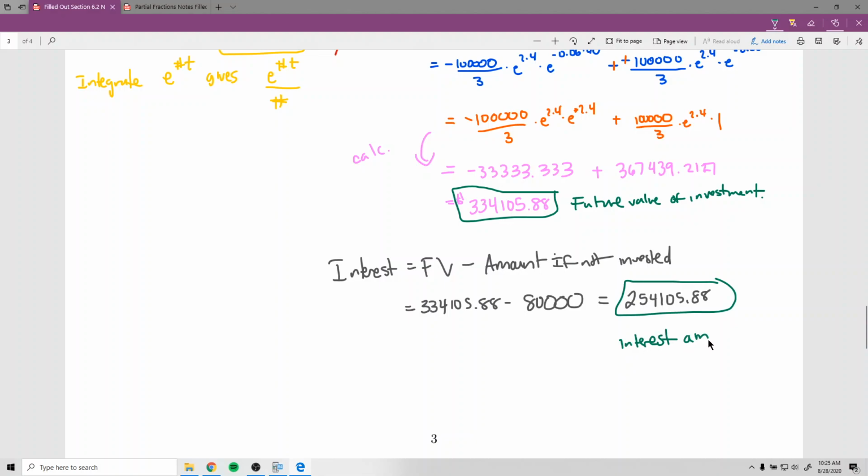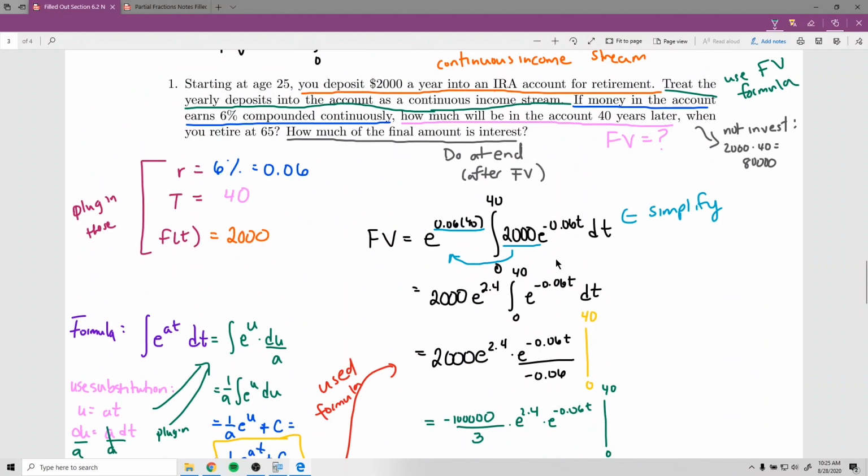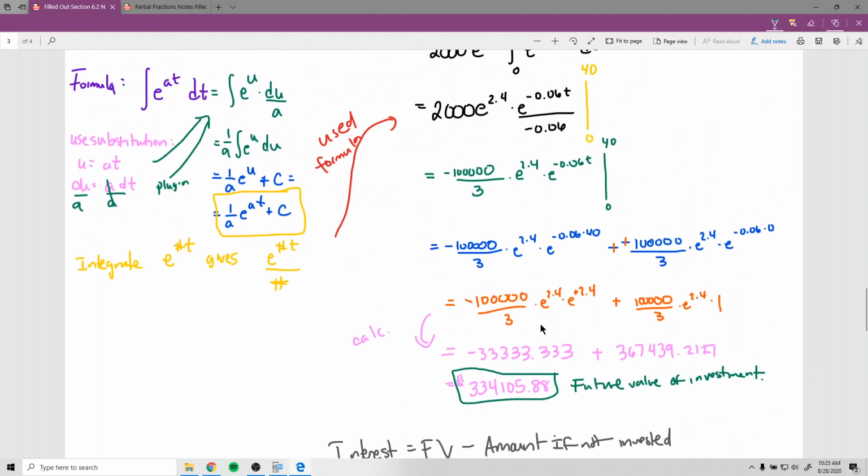Right. And that shows you how crazy your investments can be if you are, I guess, lucky. 6% per year seems pretty high to me, but it just depends on what you're investing in and how it works out for you. But it's not totally unrealistic for retirement accounts. And you can see here, for retirement, you have $250,000 more than if you didn't invest at all.